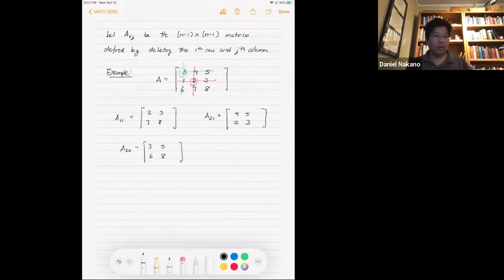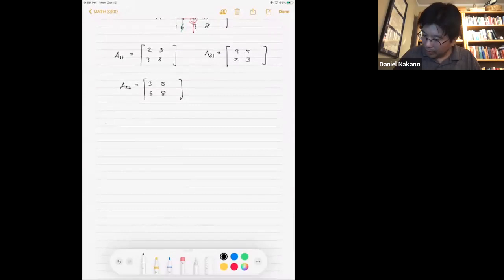So now with this definition, I can actually define the determinant for you. So let me make a definition. Again, A is an m by n matrix, and I'm going to define the determinant as follows. I'm going to take A11 times the determinant of the smaller matrix A11, minus A12 times the determinant of A12, plus A13 times the determinant of A13.